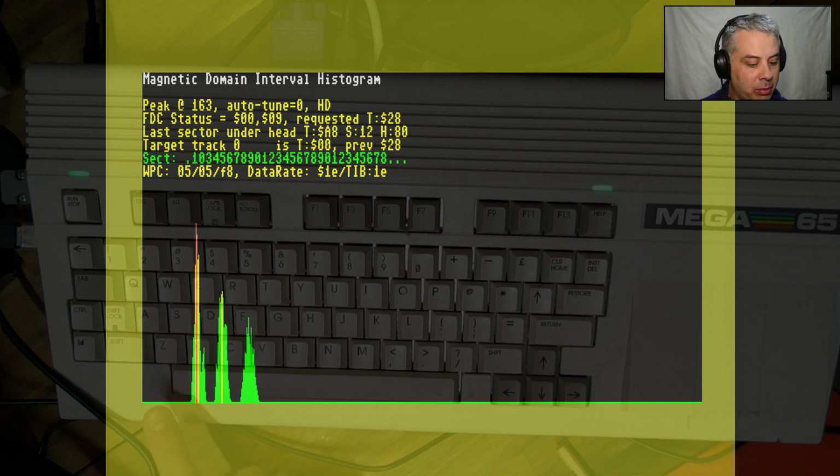The middle sized pulses are a bit longer, and the longest pulses are a bit longer again. So just bear in mind that there's always at least this much gap, but what we see with the floppy electronics is that it can't resolve peaks that are much closer than that without having big problems.